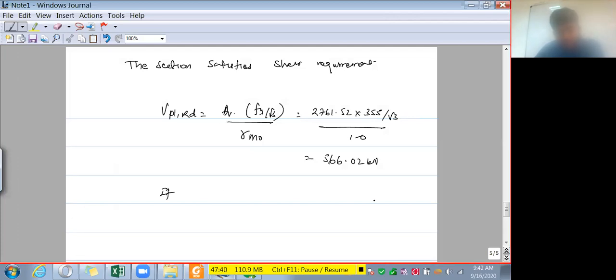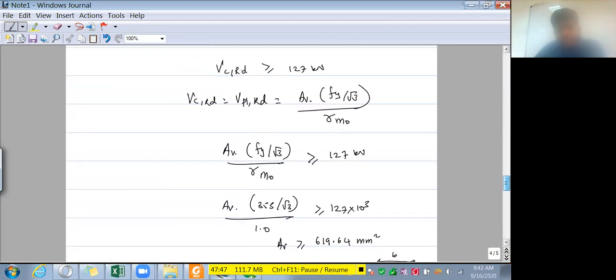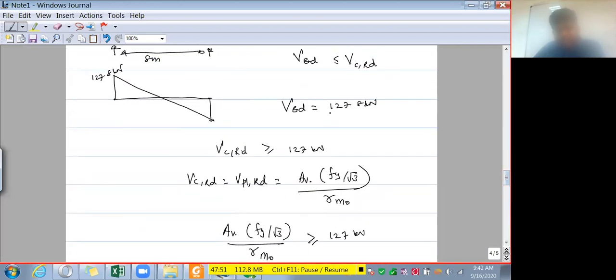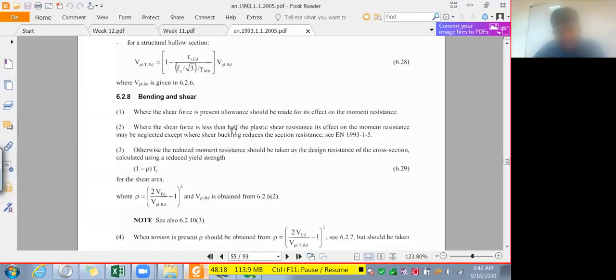Now if 127.8 kilonewton is less than half into 566.02, then we can neglect the effect on the moment resistance.